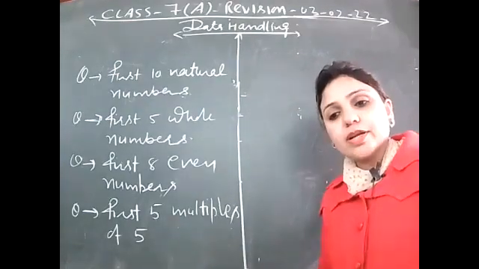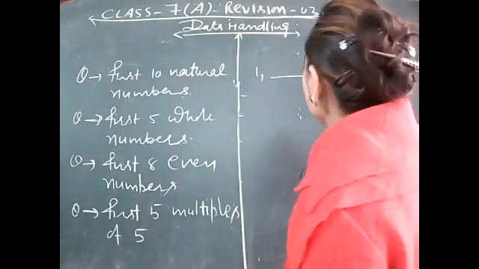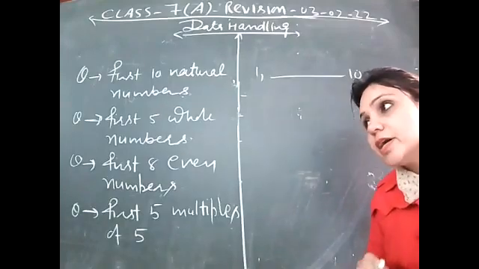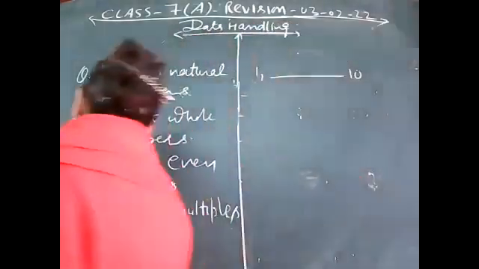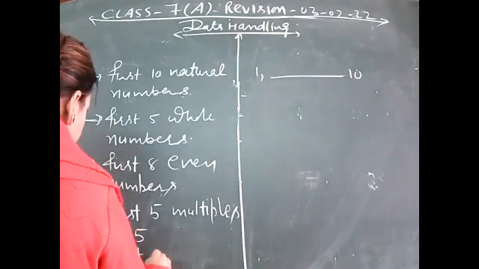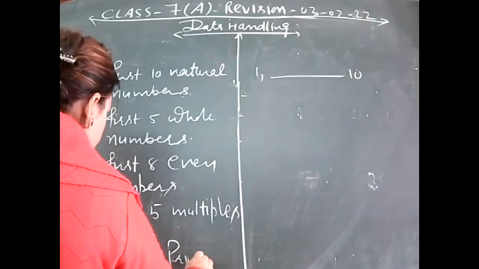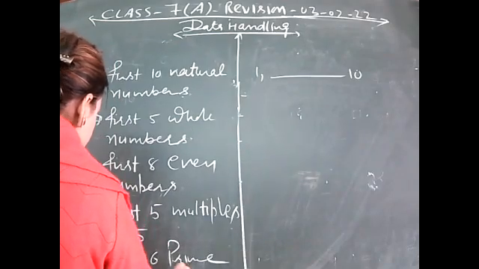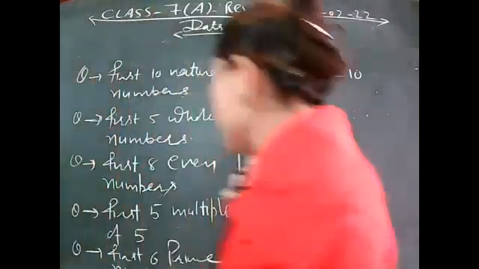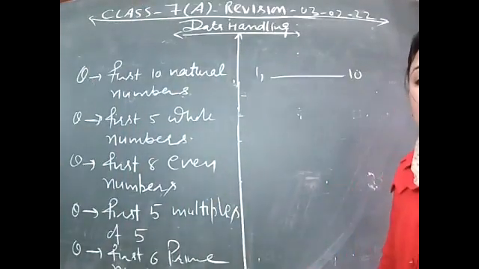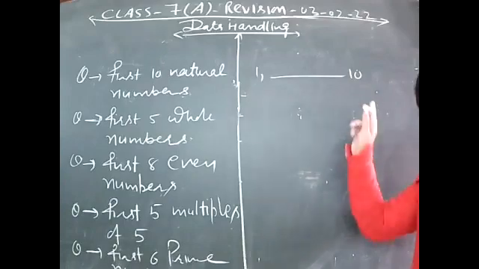First of all, you have to write the numbers: from 1 to 10 you write all the numbers. Now let me write one more question: first 6 prime numbers. So first 10 natural numbers, we can write 1 to 10.